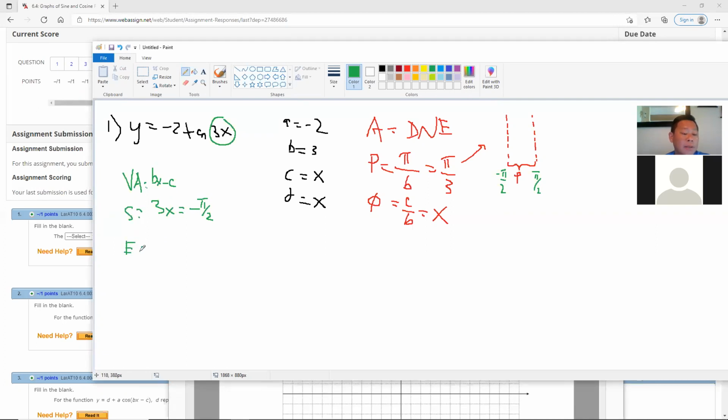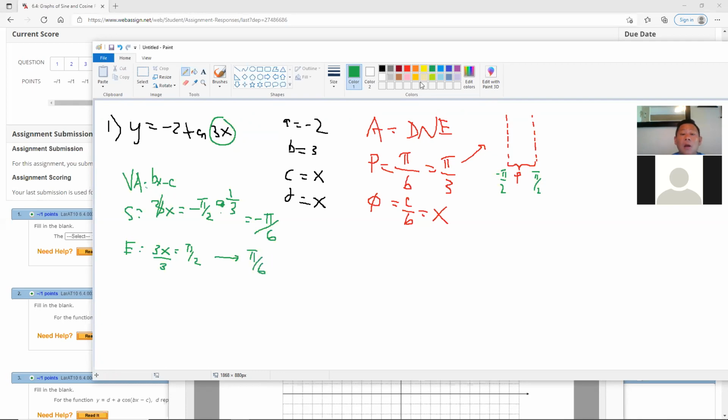And your ending point in this case is 3x equals pi over 2, because originally it starts at negative pi over 2 and ends at positive pi over 2. So we begin to solve for x. I would divide by 3 to get rid of this 3, or the same thing as multiplying by 1/3. That means this tangent graph will start at negative pi over 6, and when you divide by 3, you will end at pi over 6.